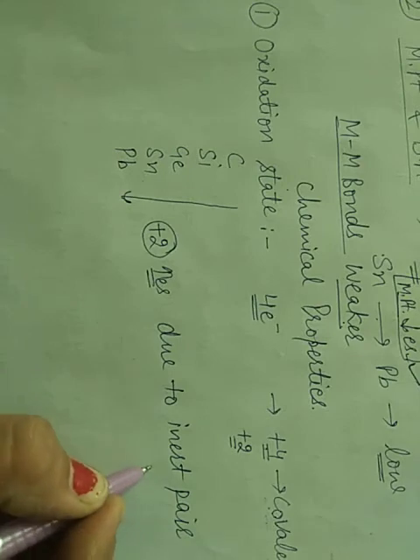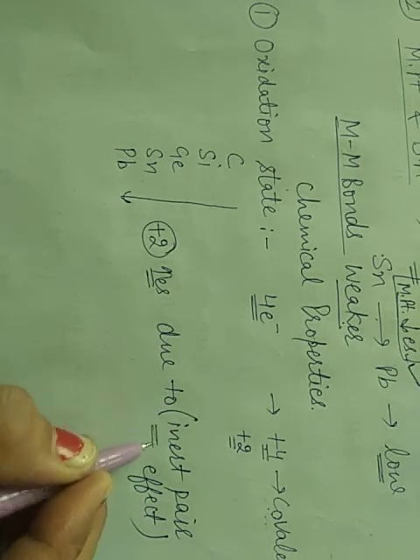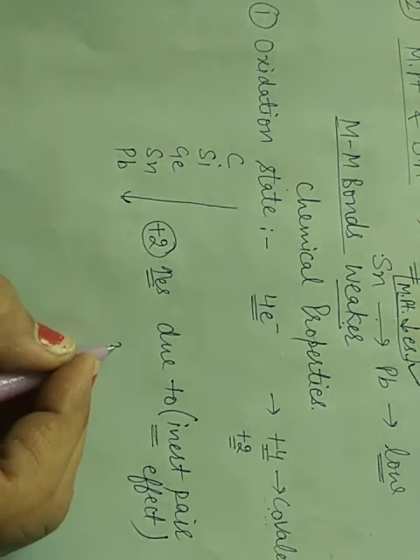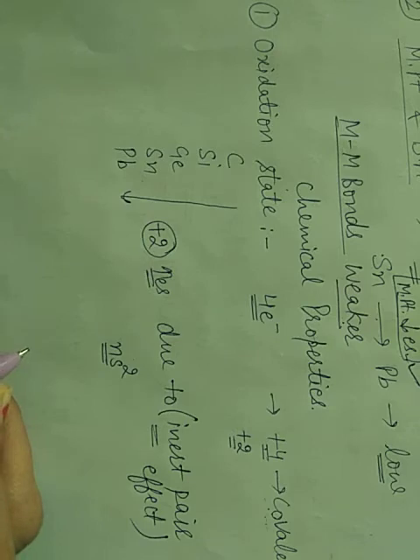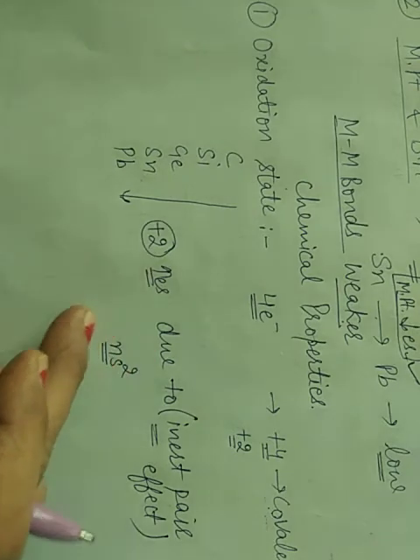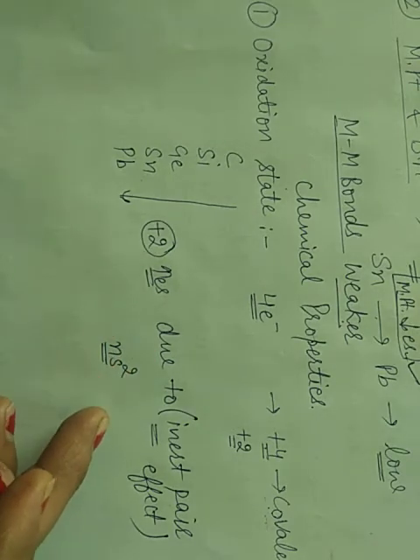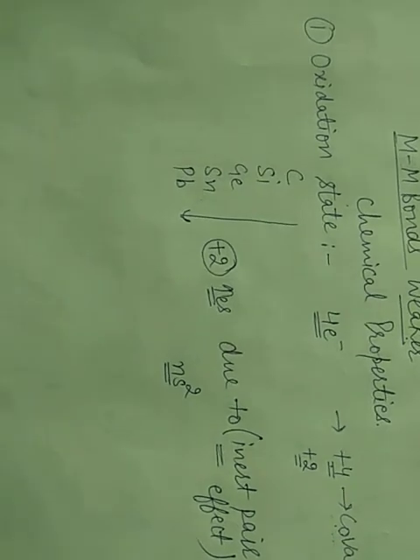What do you mean by inert pair effect? Inert pair effect means the inability of ns2 electrons of valence shell to participate in the bonding. ठीक है, कि जो ns2 इलेक्ट्रॉन्स हैं वैलेंस शेल से, वो बॉन्डिंग में पार्टिसिपेट नहीं करता, उसी को हम इनर्ट पेयर इफेक्ट बोलते हैं. ओके, नाउ वन मोर क्वेश्चन अराइज फ्रॉम हियर.